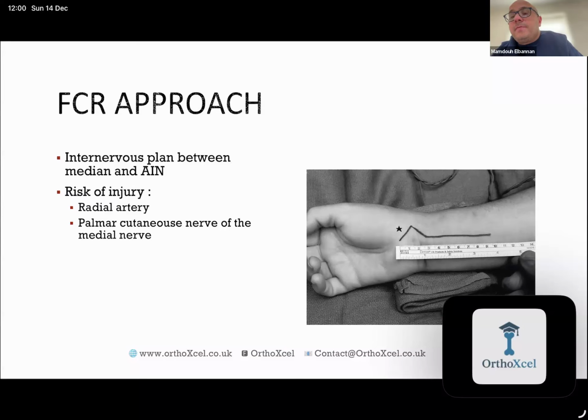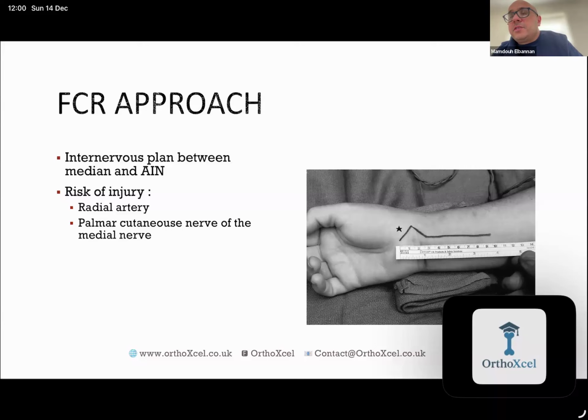This is not counted as an internervous plane because you take the FCR ulnar and you will be between the FCR and the radial artery mainly. If there's palmaris, then it's palmaris, but I don't think so.